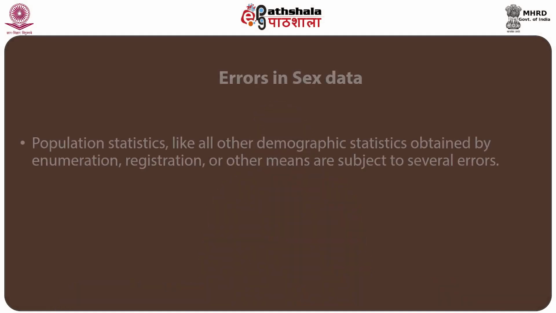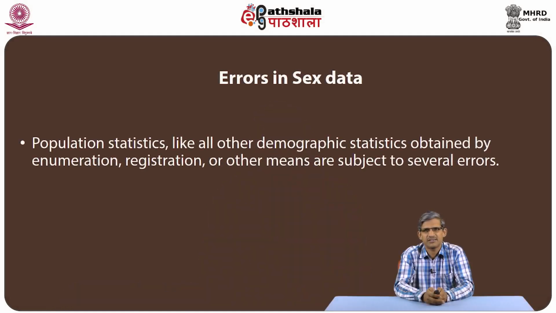So let us once more carefully look at the sex data of demography, which are derived from various sources. As all of you are aware, population statistics, like all other statistics, are obtained by enumeration, registration, or some other means.